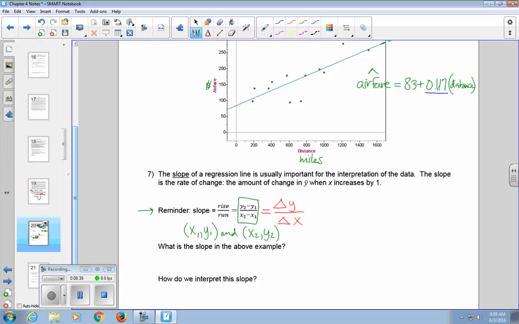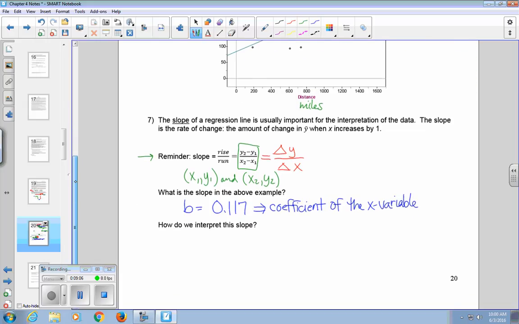So that's going to be the 0.117 in the above equation. So remember that that is the coefficient of the x variable, or the explanatory variable. Again, coefficient's just the number you're multiplying the x variable by. And in terms of statisticians, we use the letter B to represent that.